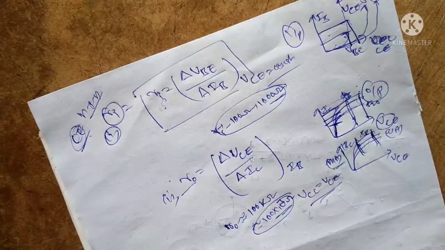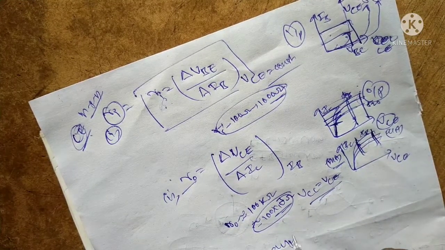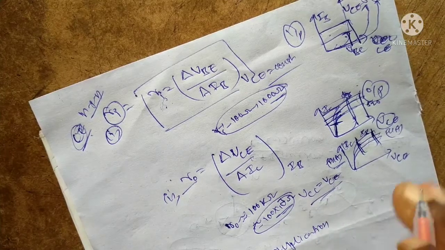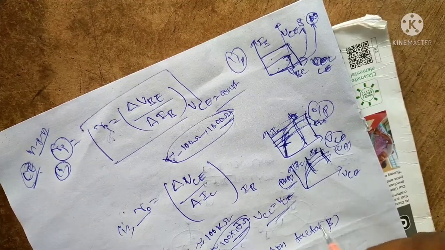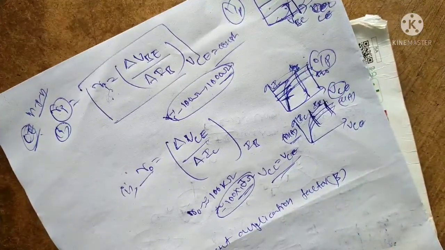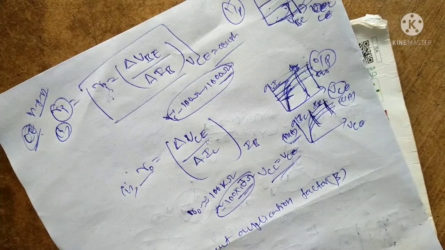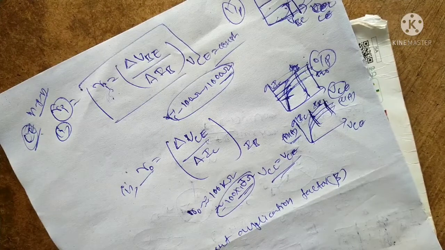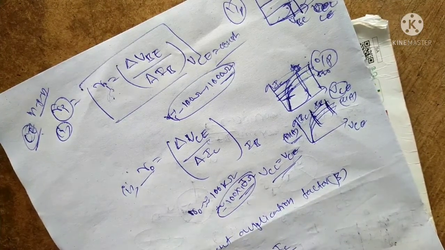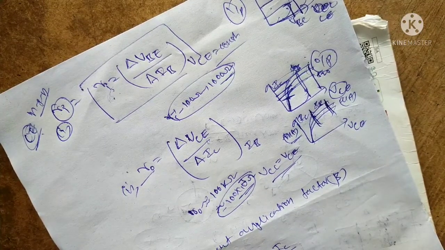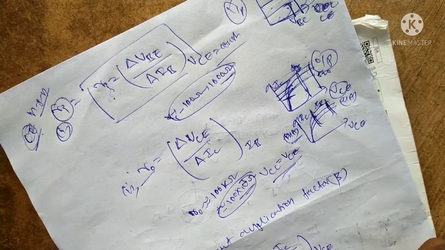Next is the current amplification factor, which is denoted by beta. Beta AC is due to AC current. Beta AC is the change in collector current by the change in base current at constant voltage across the collector emitter.